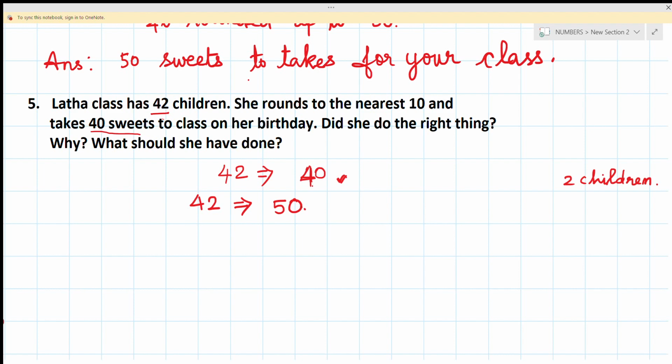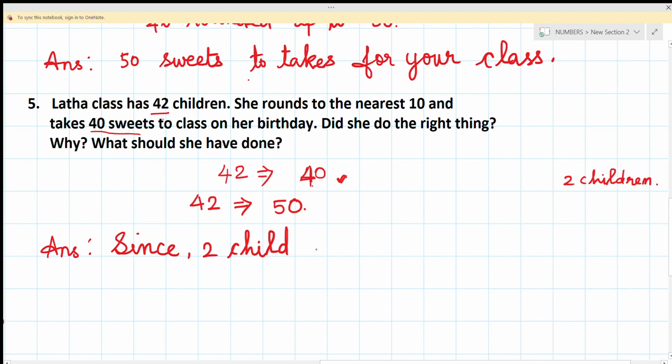The reason is, since 2 children will not get the sweets because she took only 40 sweets to her class. What should she have done?